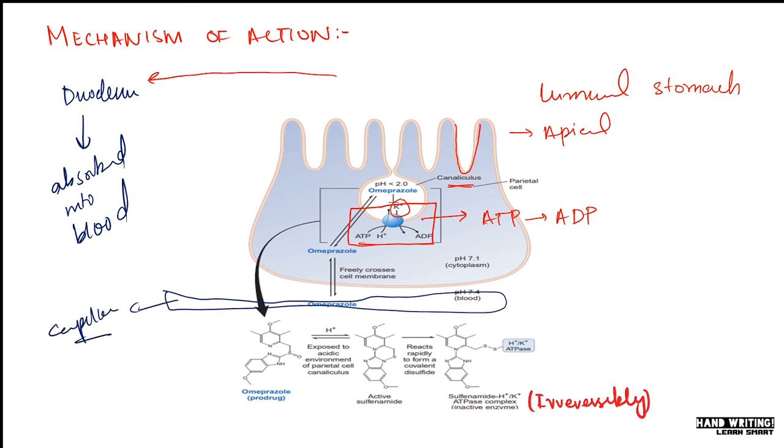From this capillary, the drug enters through the basolateral membrane of the parietal cells into the cytoplasm of the parietal cells. Here the drug passes through the apical membrane and enters the canaliculi of the parietal cells.